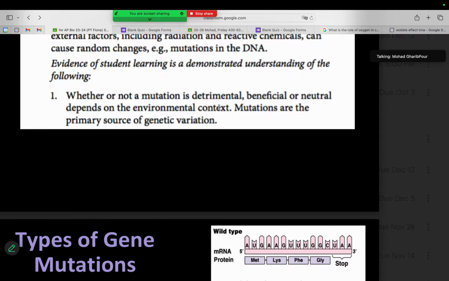Basically the pigment production stops, and so the bunnies actually have white fur. Is this a positive mutation? Is it beneficial? Or is it detrimental? Or is it neutral? We consider this beneficial because now the bunnies can blend into the environment. They won't be detected by predators, so they can live longer. We consider this beneficial, even though it's a mutation.